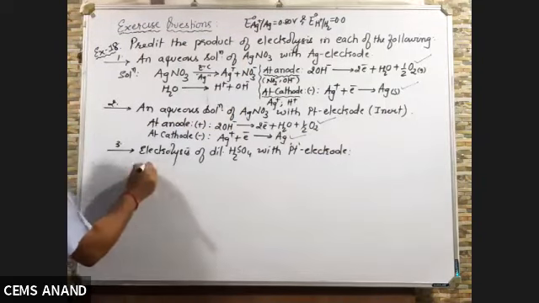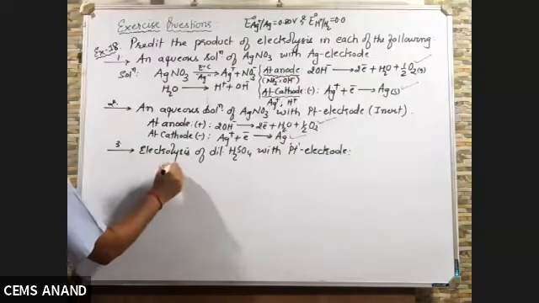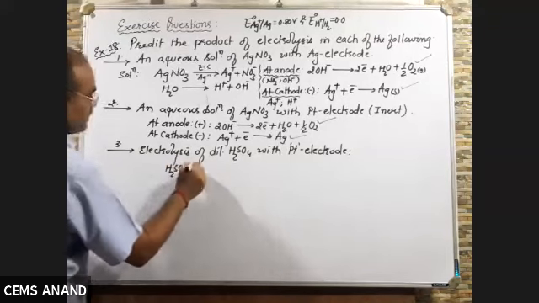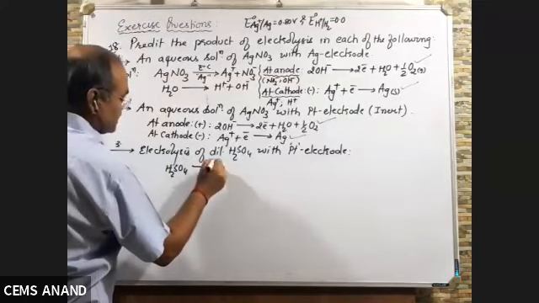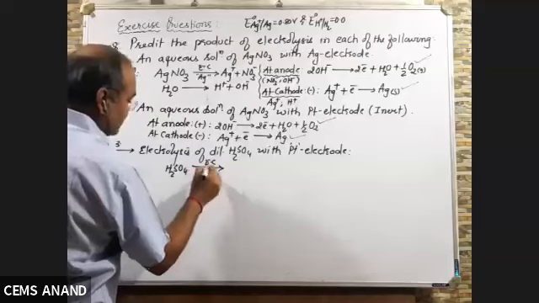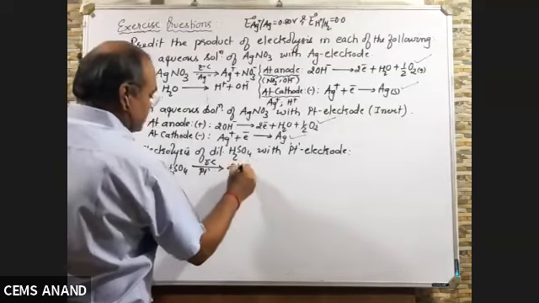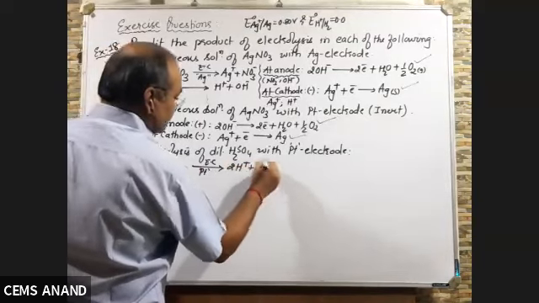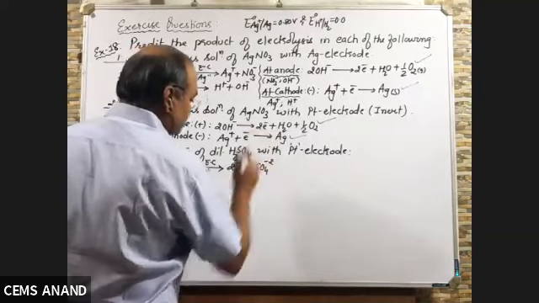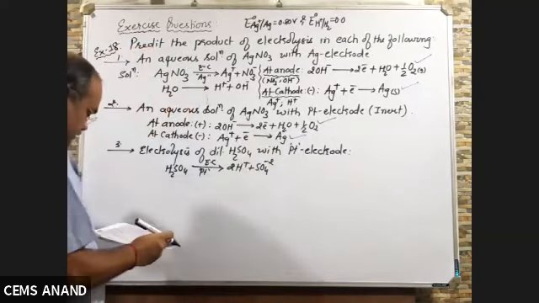Let us see what happens. When H2SO4 is electrolyzed by passing electric current using platinum electrode, we get 2H plus and SO4 2 minus. Right? This is our equation.